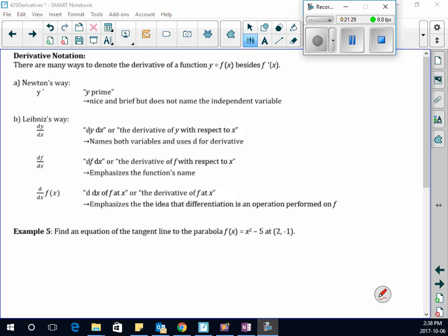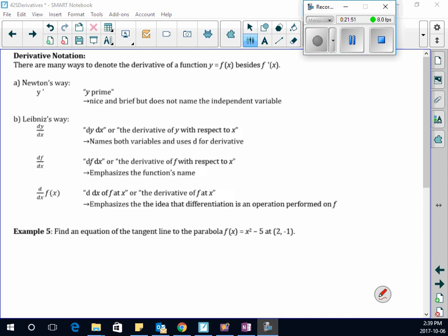Was it Newton or Leibniz? There's a big controversy there. So anyways, you'll see basically different opinions on who did it first. It's kind of like the chicken and the egg, who did it first. You know what I'm saying?